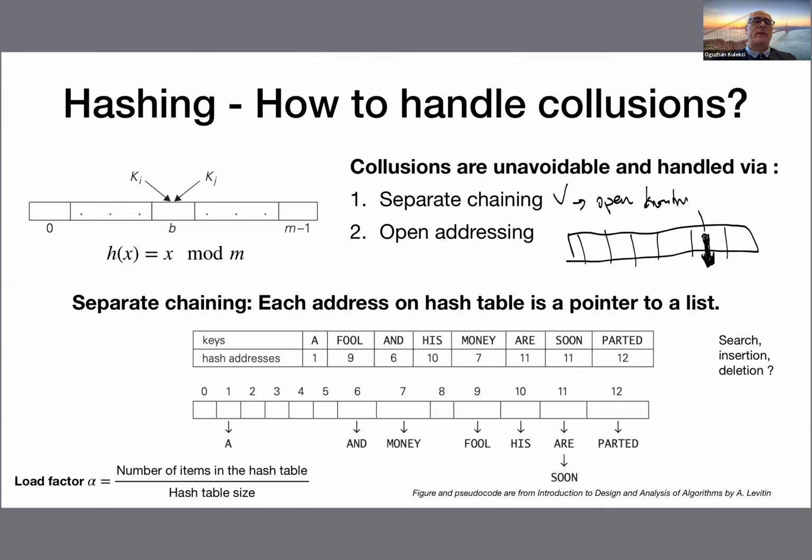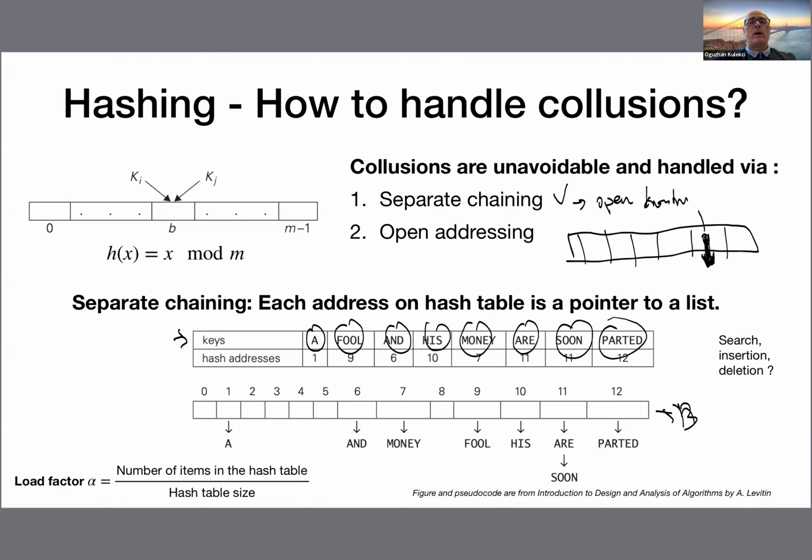Let's have this on an example. Let's assume we have these objects: a fool and his money are soon parted. And this is my hash table. My hash table size is 13, right?